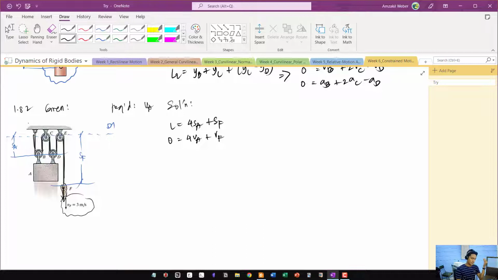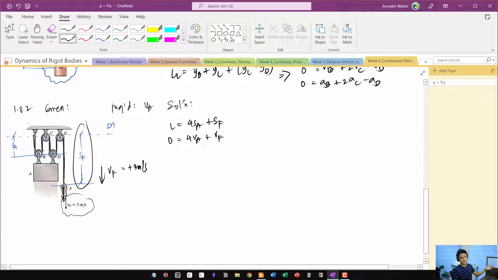The ideal convention: if it is downward, I would treat VF as positive 3 meters per second because it tends to increase SF. That's the convention that I'm comfortable with. If you use downward as negative because it is downward, sometimes it's complicated.